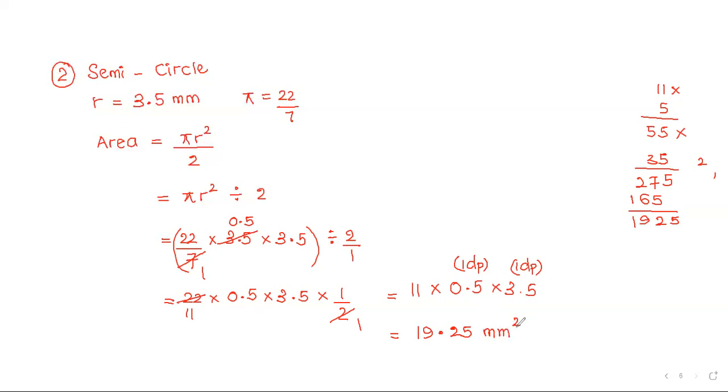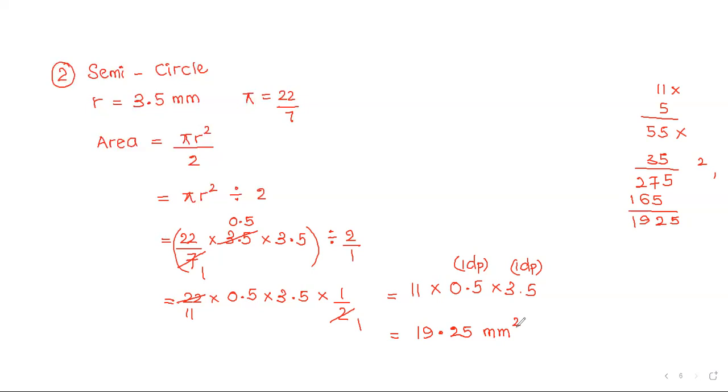No? So then again, we will double check whether it is correct. πr squared divided by 2. So 22 over 7 multiplied by 3.5 multiplied by 3.5 and divided by 2. The 7 and 3.5 I can simplify, so that is 0.5.